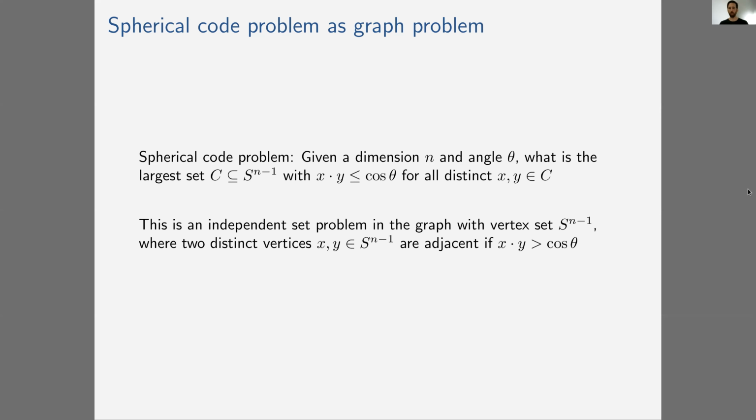So why do we want to consider hierarchies for the independent set problem? Well, we can view these packing problems as independent set problems in certain graphs. For instance, for the spherical code problem, you can consider the graph with vertex set the unit sphere, where two distinct vertices x and y are adjacent if the dot product is strictly greater than cosine theta.